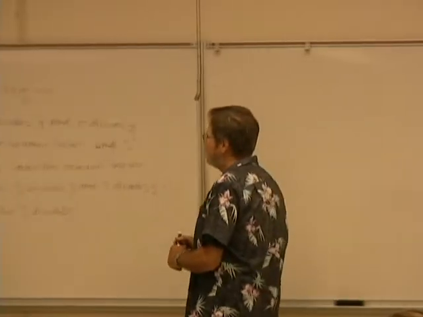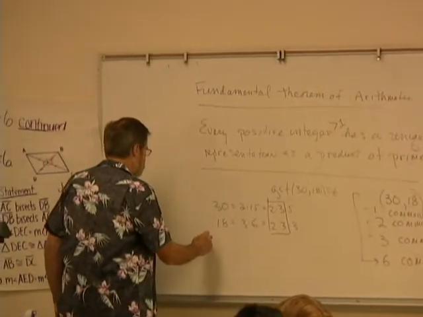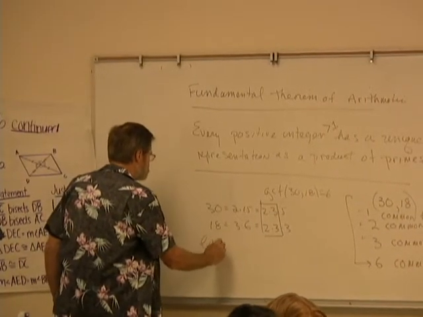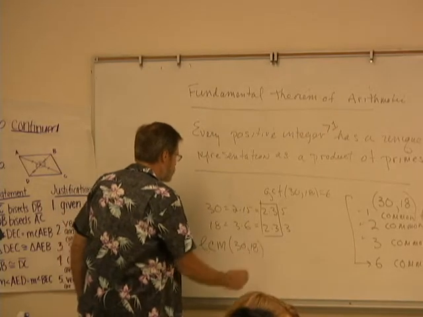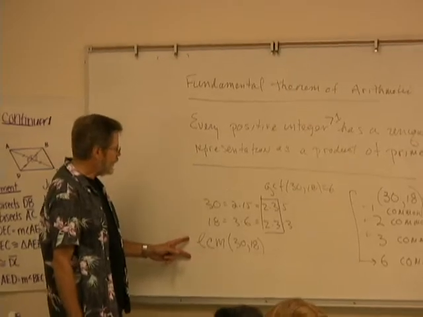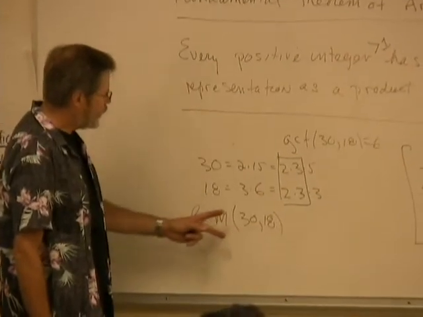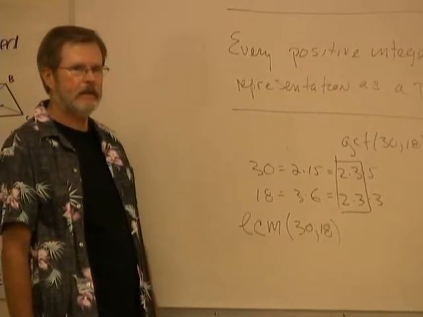The greatest common factor is also related to something called the least common multiple. The least common multiple of 30 and 18 is an integer that both 30 and 18 divide. Okay?